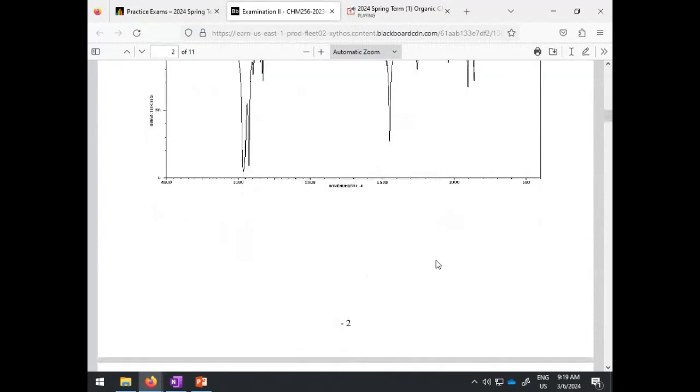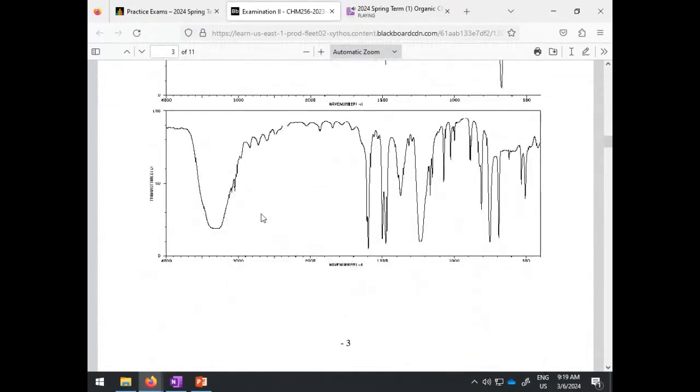And the other one, can some of you give me an idea what it might be? You see the intense OH, no question. And the sp3 CH, you don't see much.